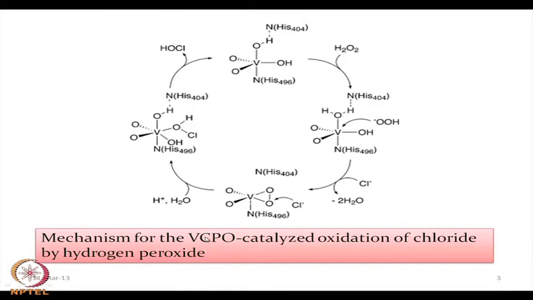Mechanistically, the vanadium chloroperoxidase activity can be seen when hydrogen peroxide first reacts with the vanadium center, and this reaction gives rise to the corresponding vanadium peroxo compound, which is well known in the laboratory also.